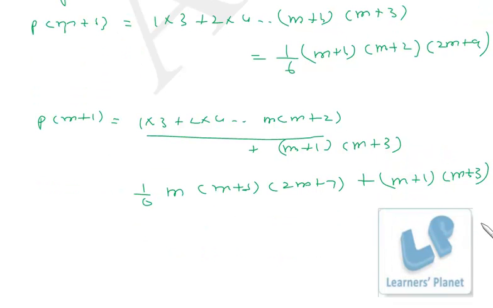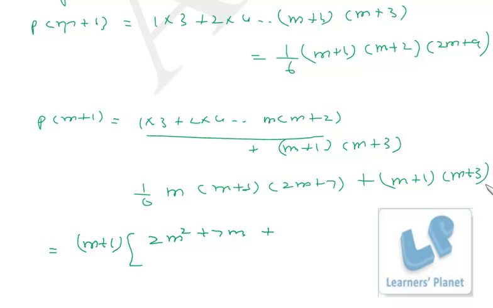Okay. Now I can take m plus 1 as common. Then we are left with 1 upon 6 m into (2m plus 7), so it's 2m square plus 7m.